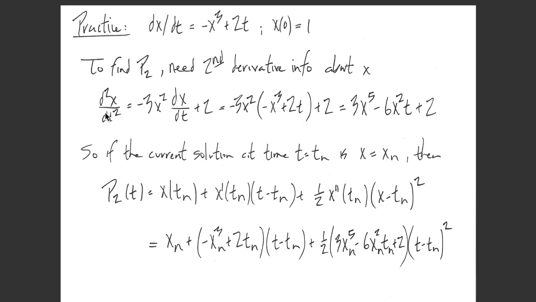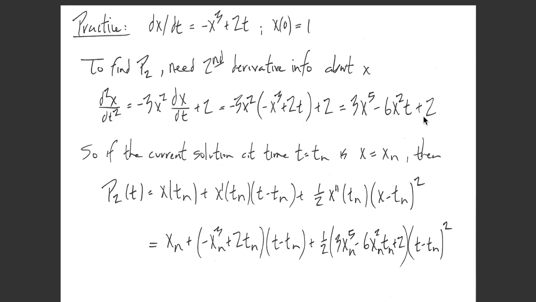So the second derivative is the derivative with respect to t of this first derivative, and you use the chain rule when you take the derivative of negative x cubed, right? So the derivative is negative 3x squared times dx dt. And then the derivative of 2t, of course, is just 2. And then use what we know about dx dt, namely that it's negative x cubed plus 2t from the original ODE, and simplify that a little bit. And so that's our second derivative.